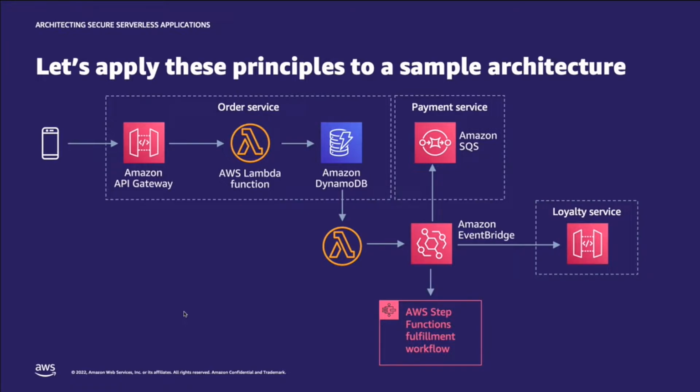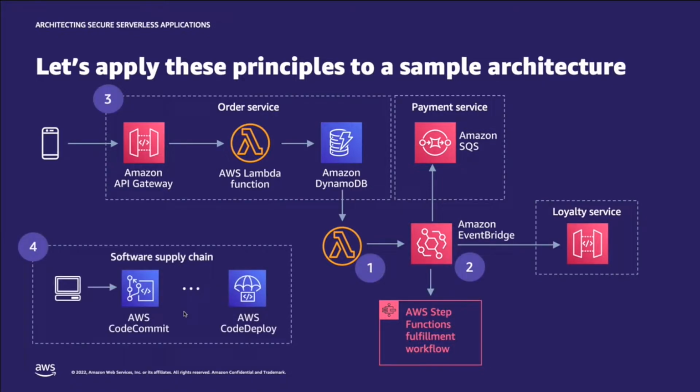We also have Amazon EventBridge, which is integrating DynamoDB with the loyalty service. And we also have in place AWS Step Functions for the fulfillment workflow, right? So we are going to take a look at these 4 principles and how they can be implemented for this particular application, right?